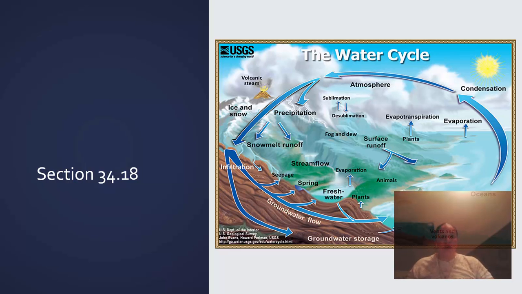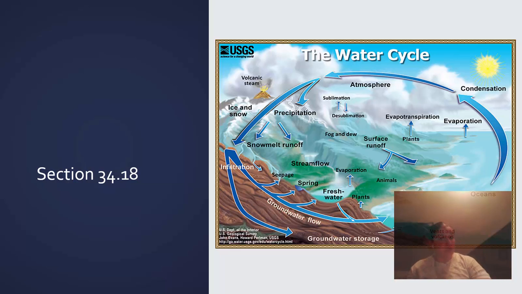And that water is going to hit the surface of the earth again, and a number of things may happen to it. It may flow down into the ground. It may become part of groundwater storage. It may become part of groundwater flow, flowing under the surface of the ground. And it may feed springs and streams and rivers and lakes that way.